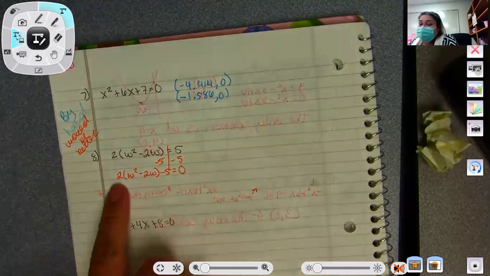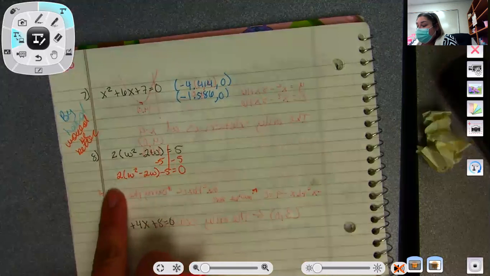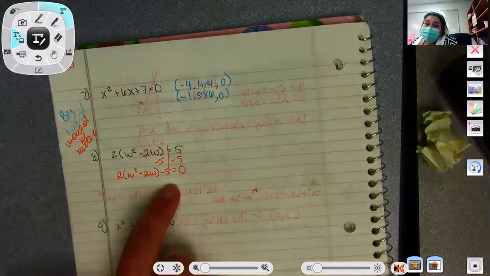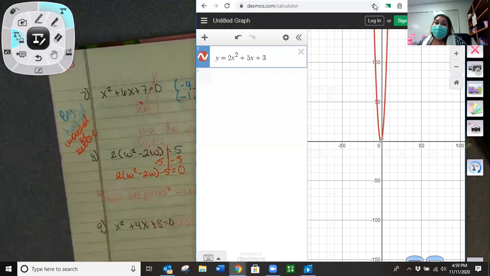Now, could you distribute and could you simplify and write it in proper vertex form? Yes, you could, right? But because we're using graphing, we can just go on ahead and graph it.